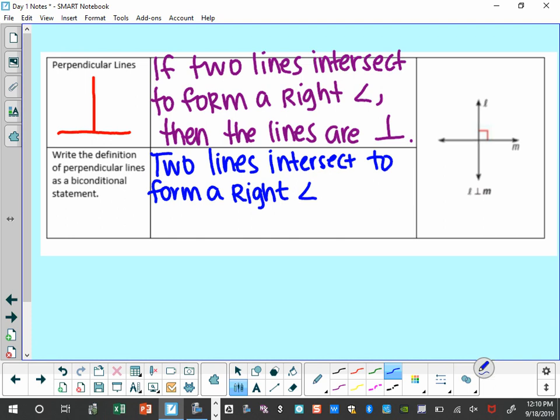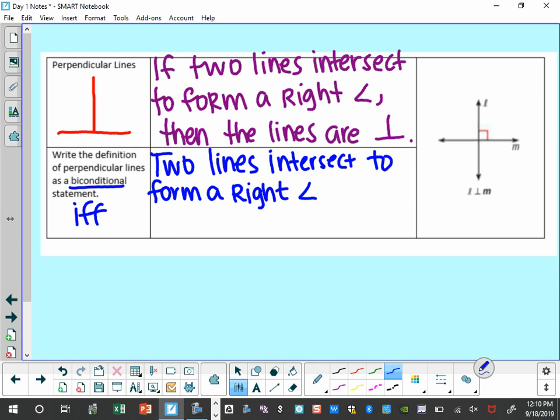And because they said to use a biconditional statement, I know I need that phrase. What does that IFF mean again? If and only if. Good, if and only if.